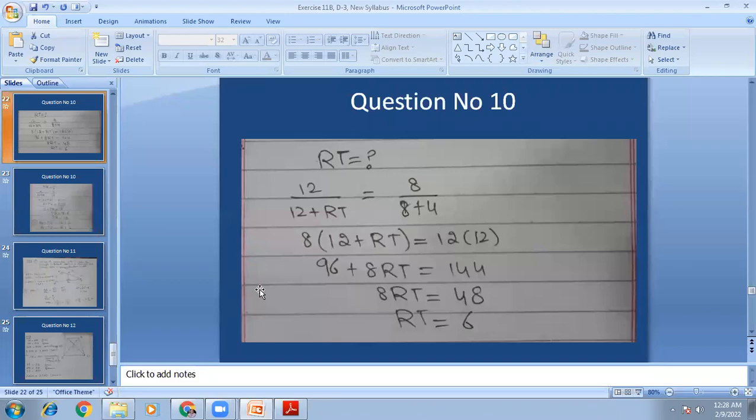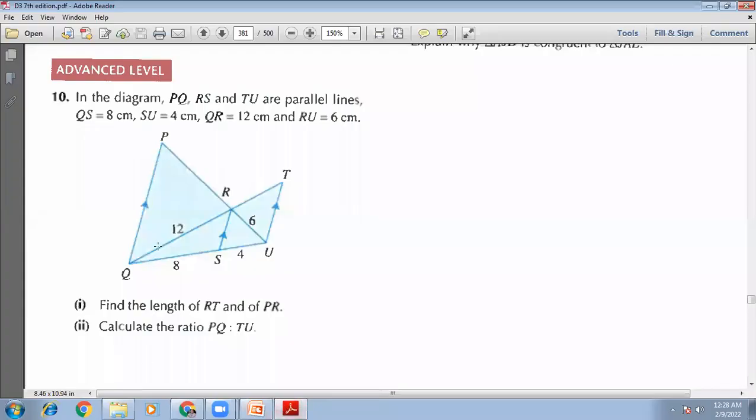Hopefully you understand. Now, the next question is find PR. Now I will take this triangle. You see, this big triangle and this small triangle. They are similar.